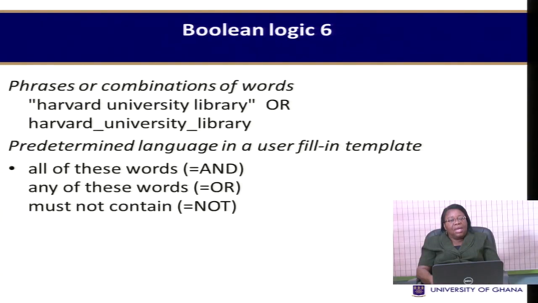They use a lot of this predetermined language. So for instance, if you are searching and they give you these options, all of these words represents the Boolean logic AND. Any of these words represents the Boolean logic OR, or must not contain represents the Boolean logic NOT.